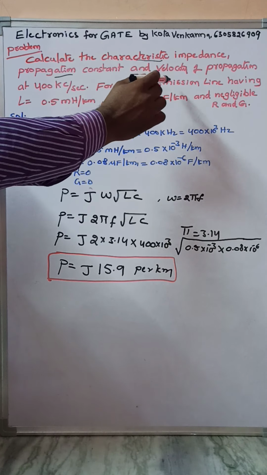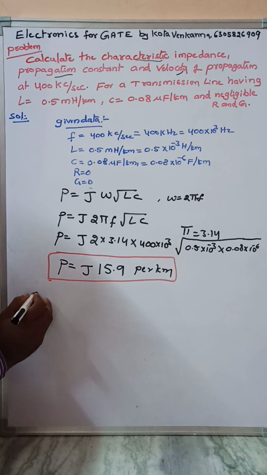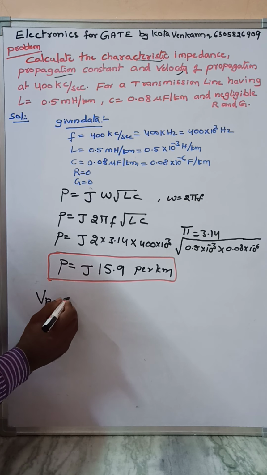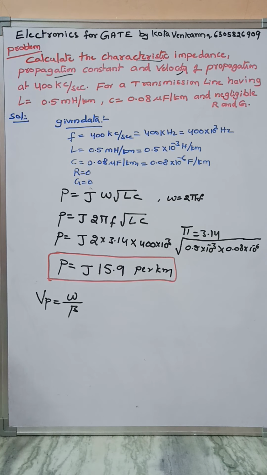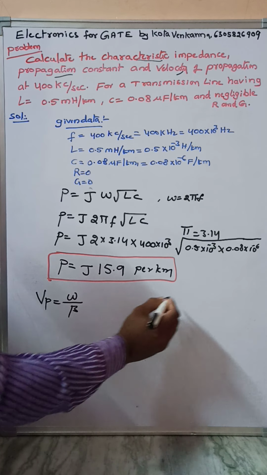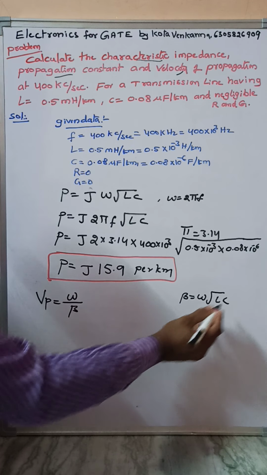Next we have to find the velocity of propagation, Vp. Vp is equal to omega by beta, and beta is equal to omega into square root of LC.